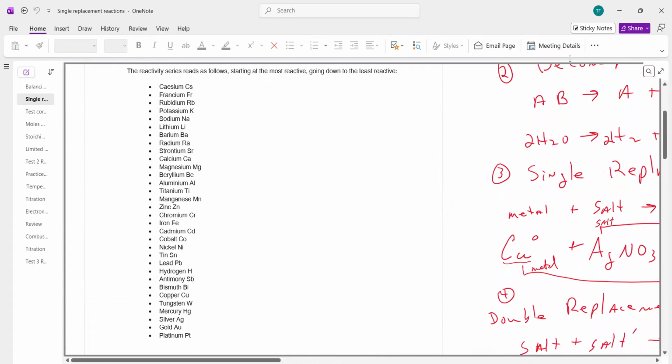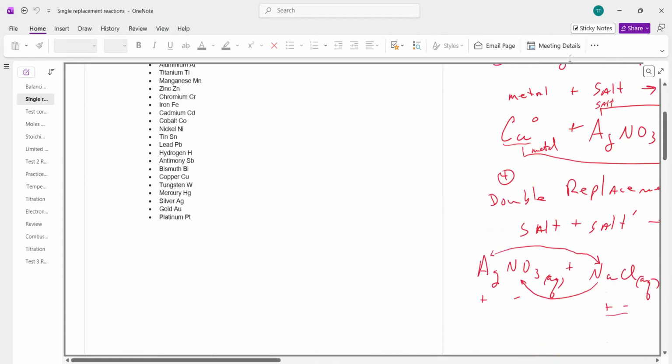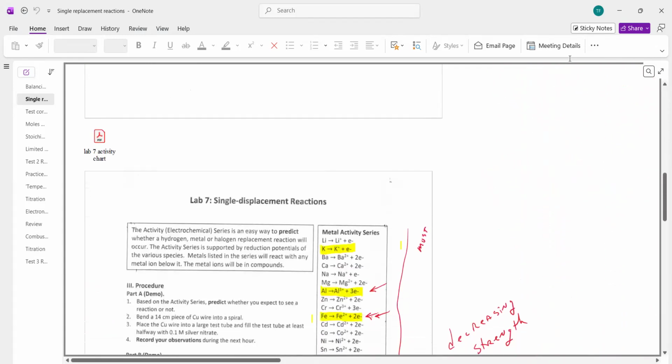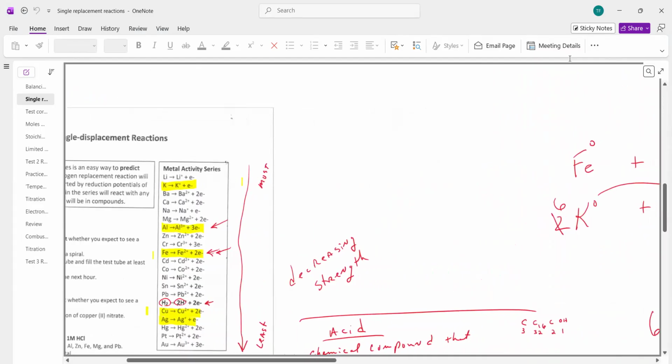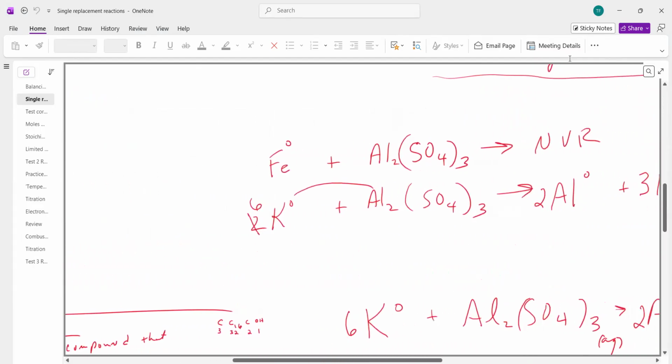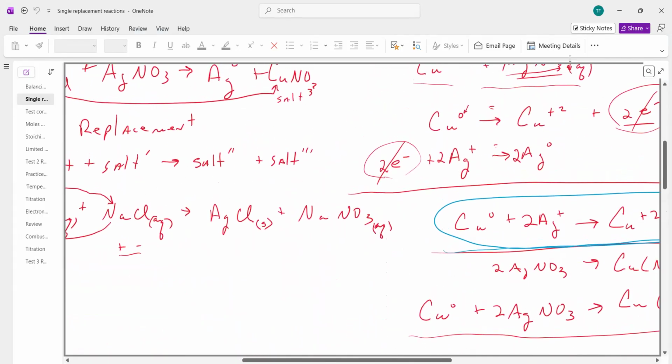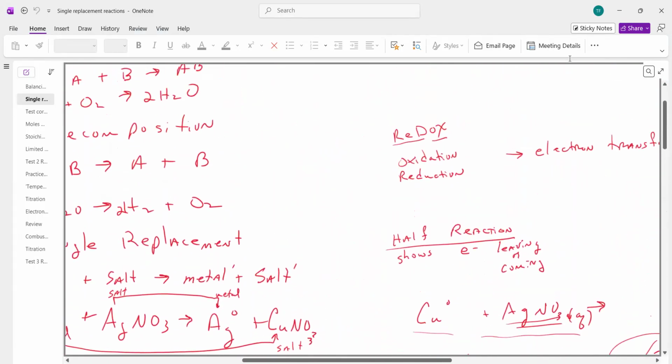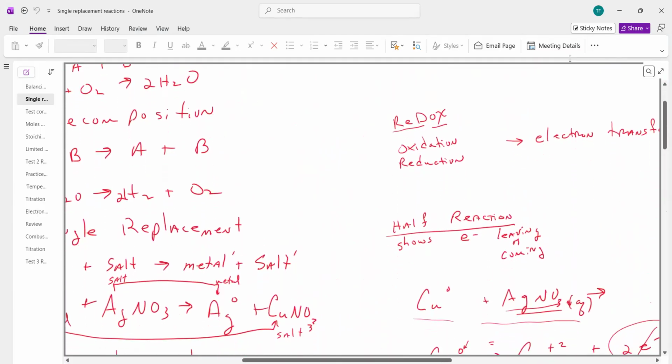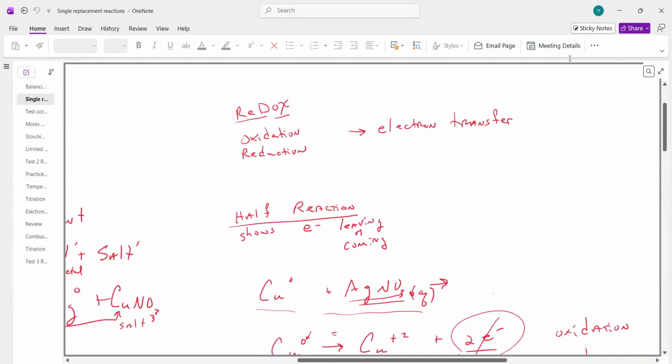Single replacement reactions involve something called oxidation and reduction. Oxidation and reduction frequently is abbreviated redox.